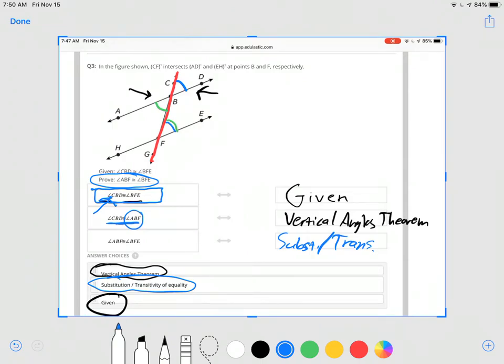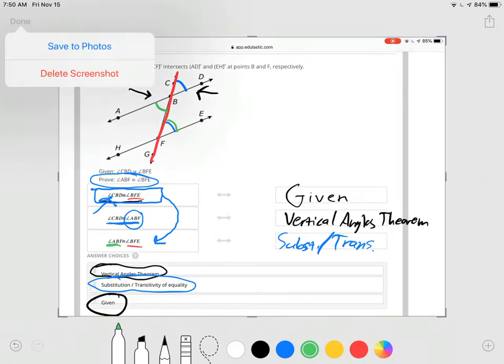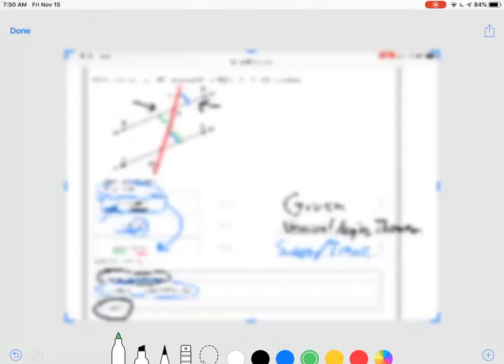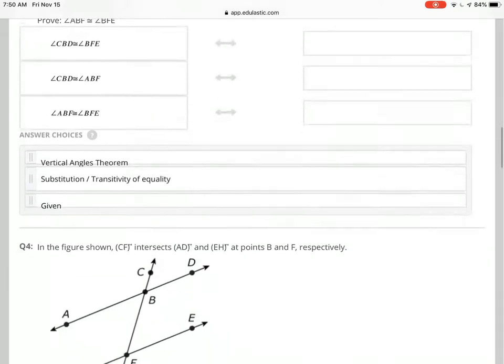And that's exactly what happens. This first line is pretty much the same as this one. Notice that they both have BFE on the right-hand side. But then what happens is that we exchange the ABF for CBD. So this is just substitution, or transitive property of congruence. Okay, let's go to the next one.